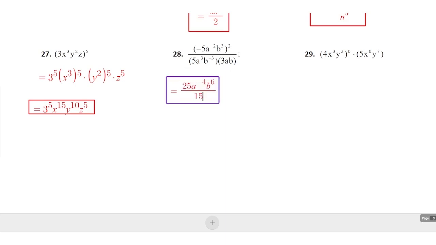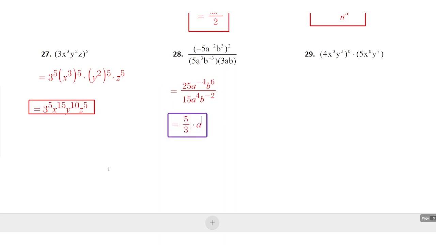5 times 3 is 15. 3 plus 1, I'm adding those exponents. 3 plus 1 is 4, so that's a to the 4th. And then negative 3 plus 1 is negative 2. So times b to the negative 2nd power. Now I'm ready to start simplifying this. 25 over 15 will reduce to 5/3.